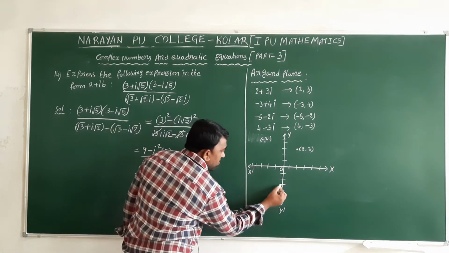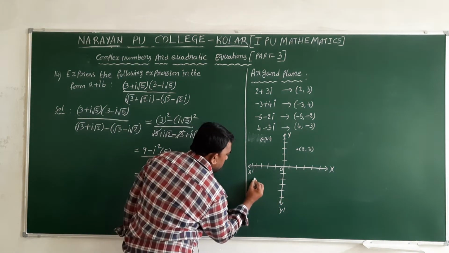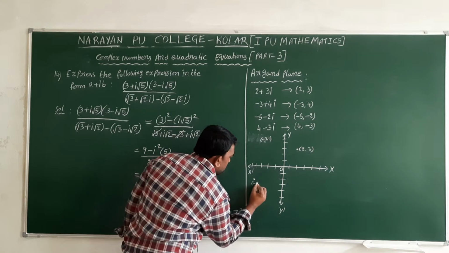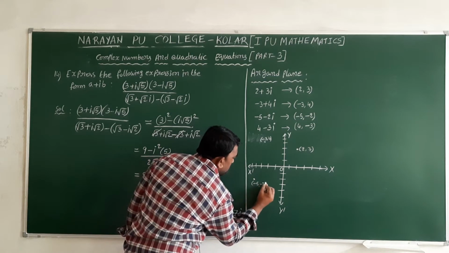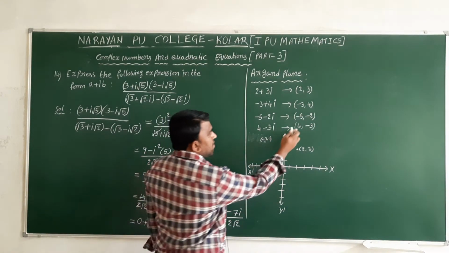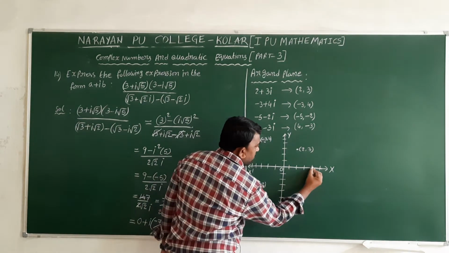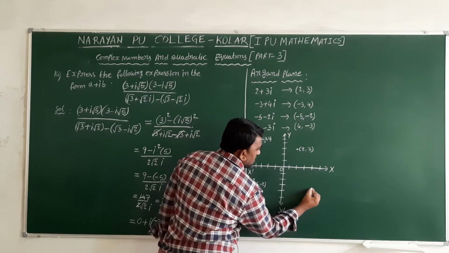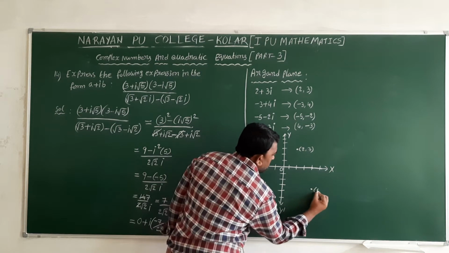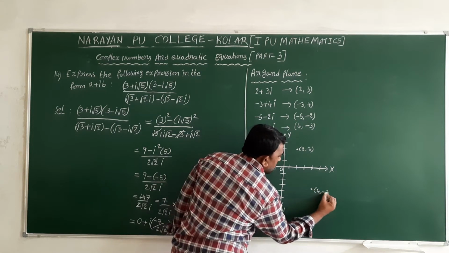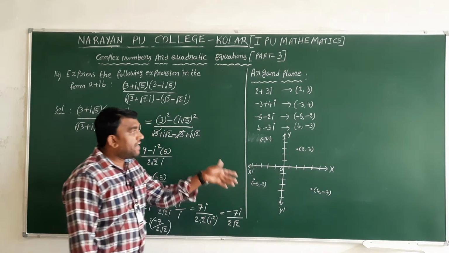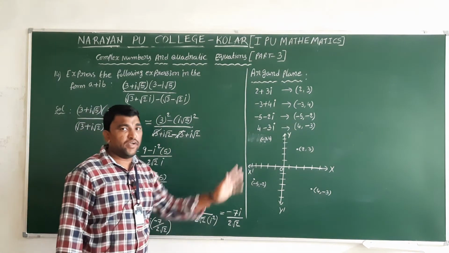So minus 5 and minus 2. Next, the fourth complex number is 4 comma minus 3. x is 4, y value is minus 3. Like that, you can take any complex number, and it will be assigned its point.